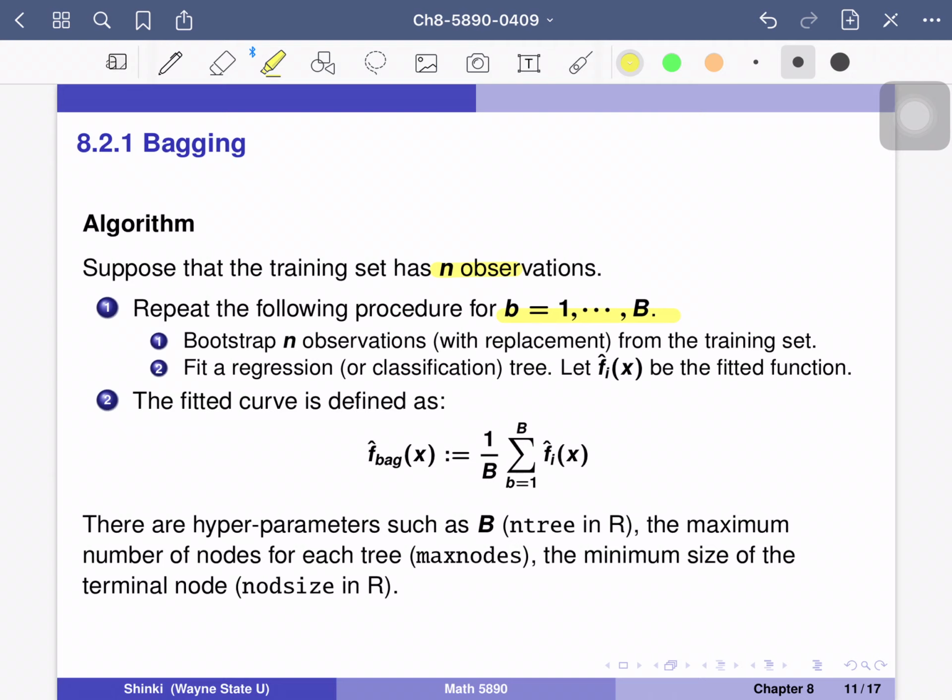With replacement means, for example, if we have 6 observations, 1, 2, 3, 4, 5, 6, then the bootstrap result may be 5, 3, 1, 3, 2, 1. So this may be a bootstrapped dataset.